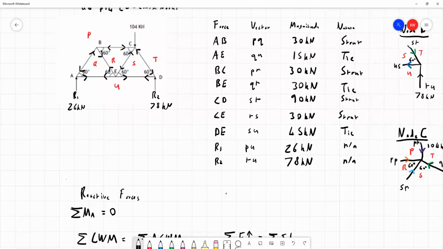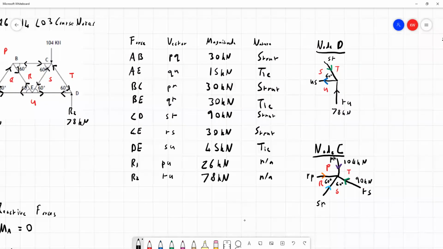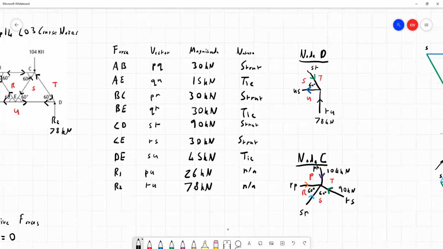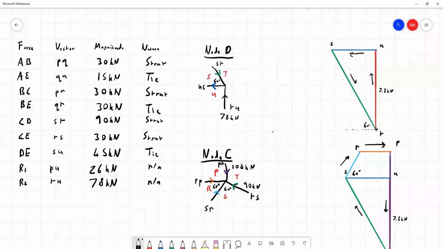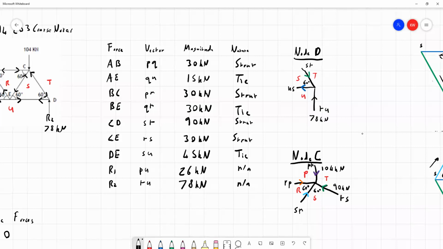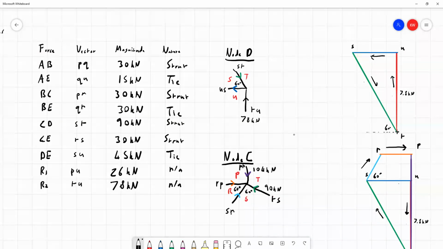We drew up a table, we labelled our spaces so we could name all our vectors, and we started at node D, which is correctly labelled now. I incorrectly called it node C to begin with. We started at node D and we worked our way around the structure. Starting at node D, because we knew the reactive force, we were able to identify what was happening in members CD and DE here.